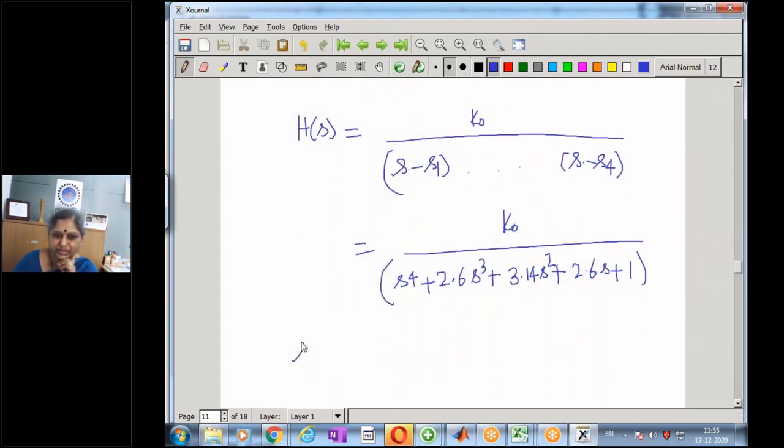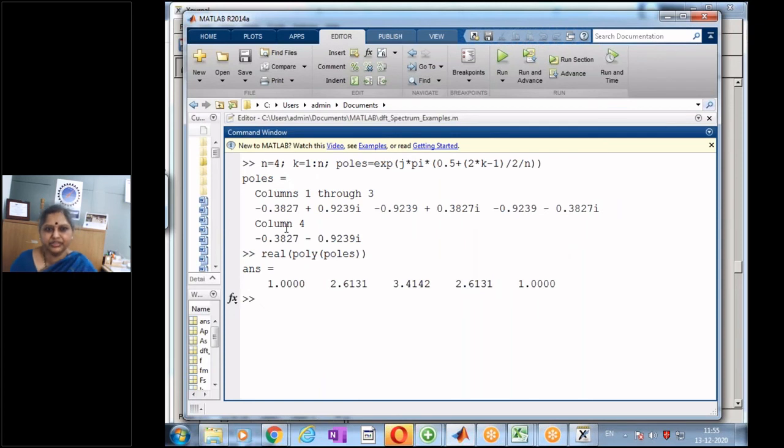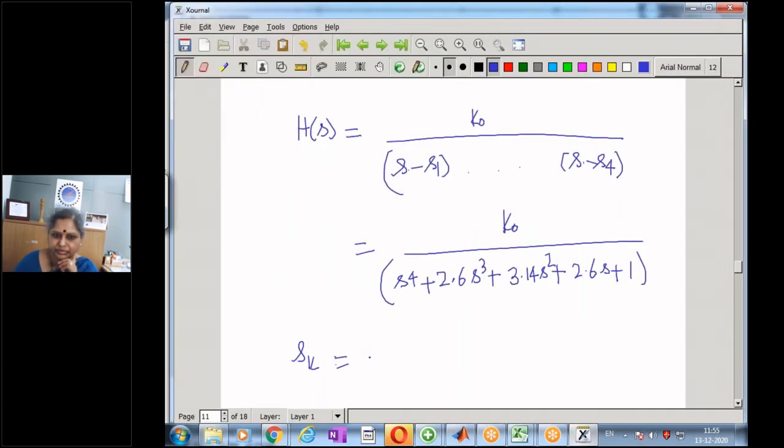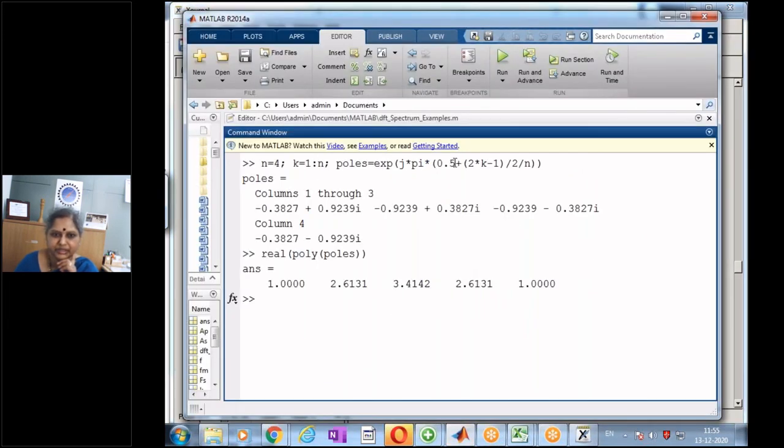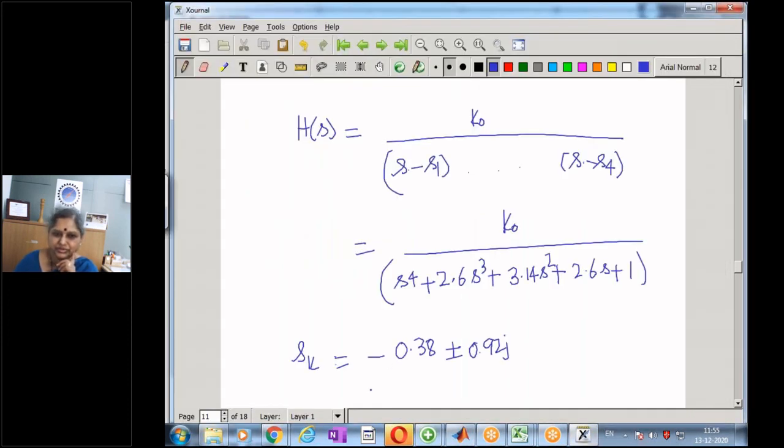And where are my poles located? The poles are located at minus 0.38 plus or minus 0.92j, and we have another pair at minus 0.92 plus or minus 0.38j.